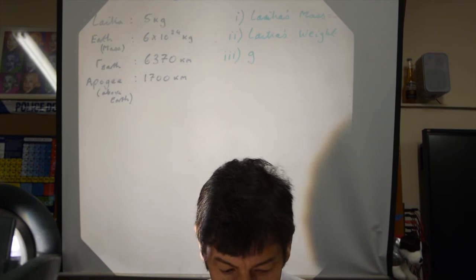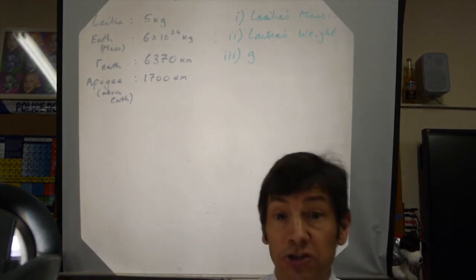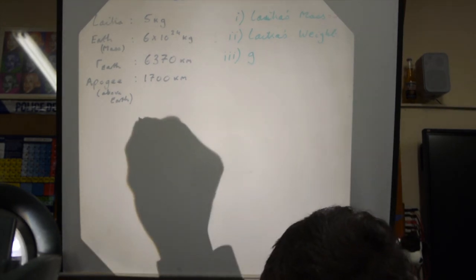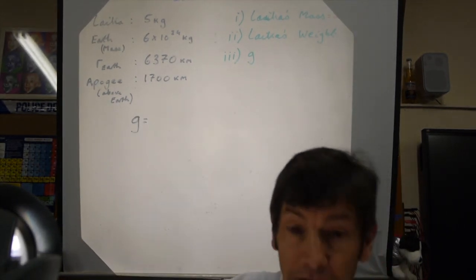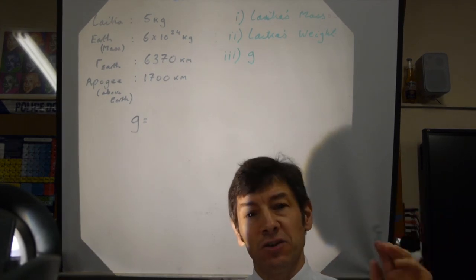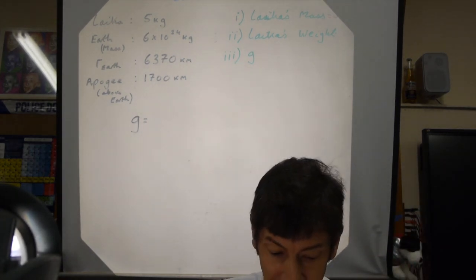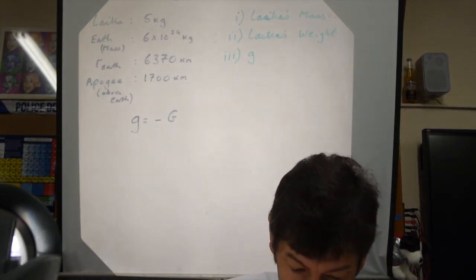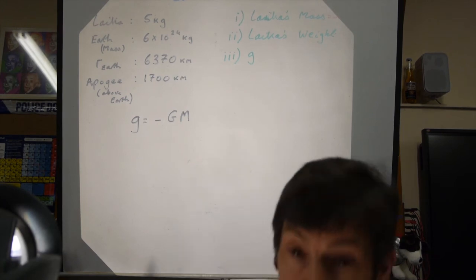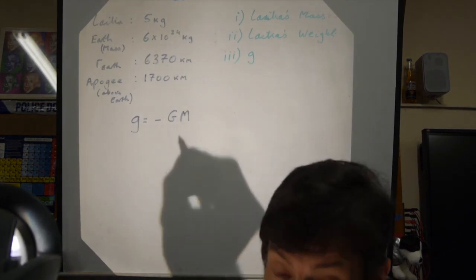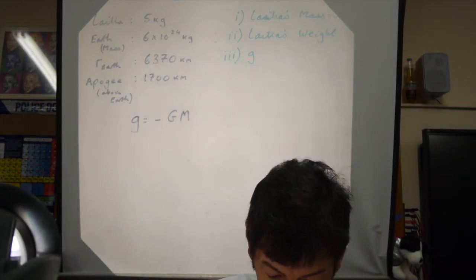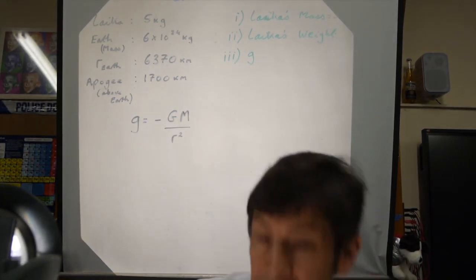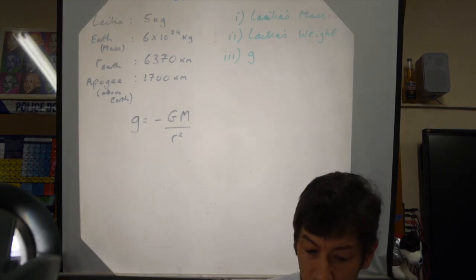So there's our data. I hope what you did was you straight away reached for the equation that we've done. g, the gravitational field strength at any distance away from the centre of a point mass, is minus G, the gravitational constant, times M, the mass of the large object that we're moving away from, divided by our distance from the centre of that mass squared.